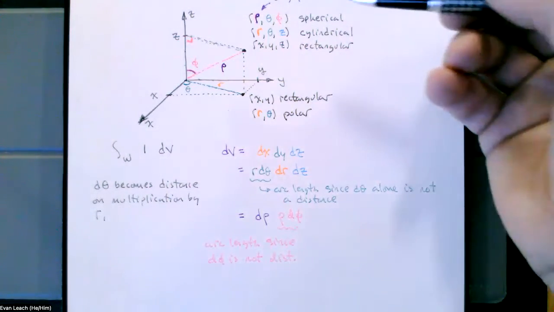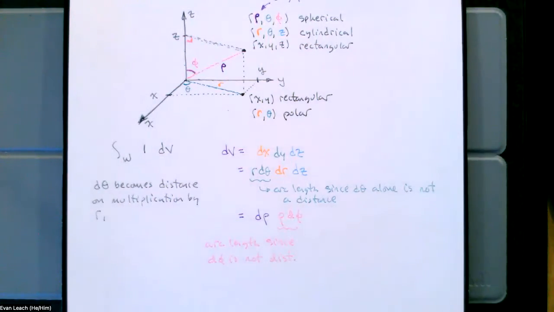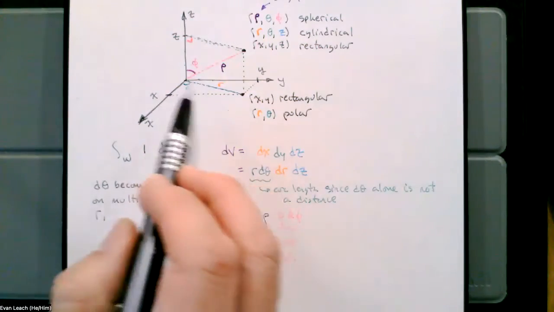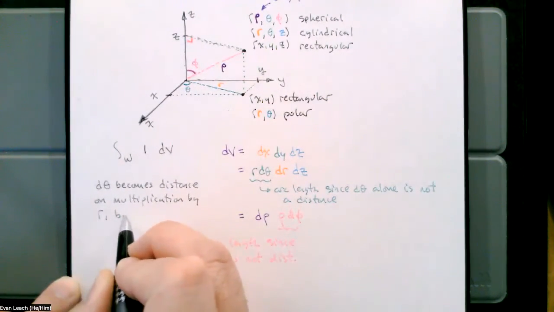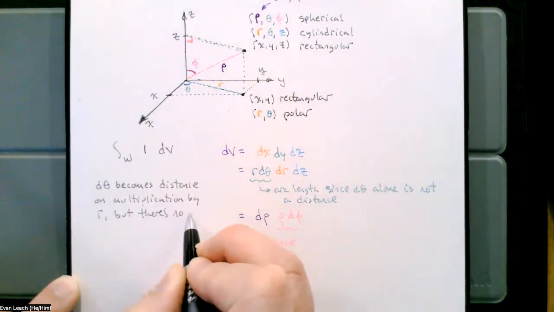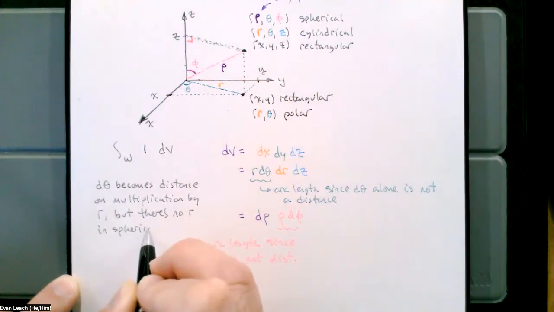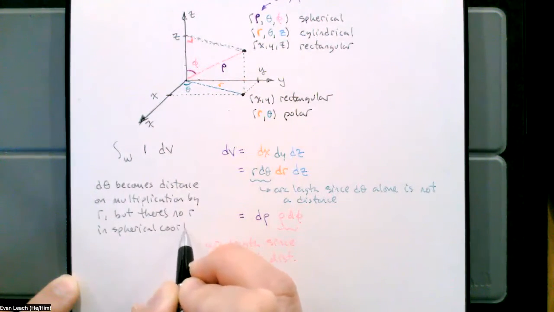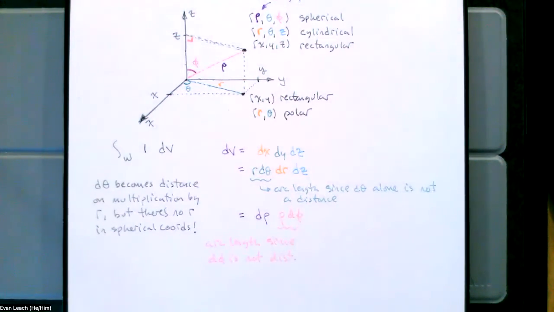I guess there is one right here, but it's not the r that we care about. This r. Well, we don't have r. We have rho, theta, and phi.